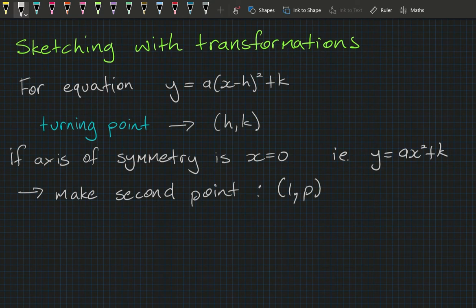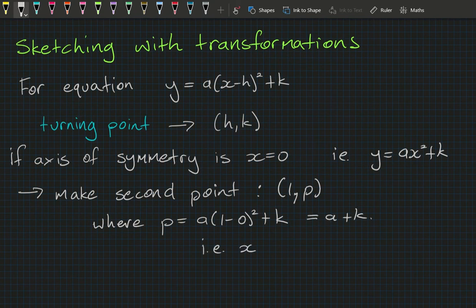And I've used this letter p for the y value. But in this point here, p is going to equal a times 1 minus 0 all squared plus k. And 1 minus 0 is 1, and that squared is still 1, so p has to equal a plus k. All right, and of course that's where x is equal to 1.